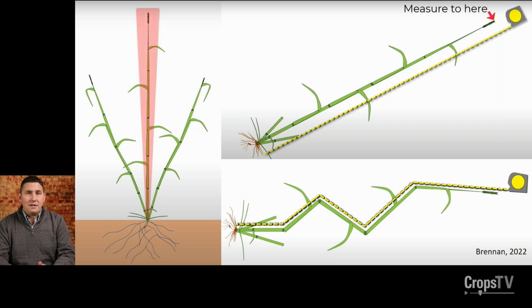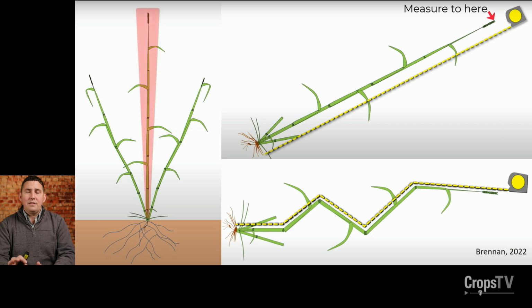Basically it's measuring the length of that main stem from the crown up until the highest part of that main stem. In this case, it's the seed head that's developing that you would stop at. But if you had rye or wheat or barley that had awns on it, you may be measuring out past the seed head to the tip of the awns.